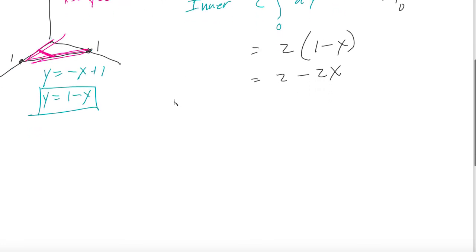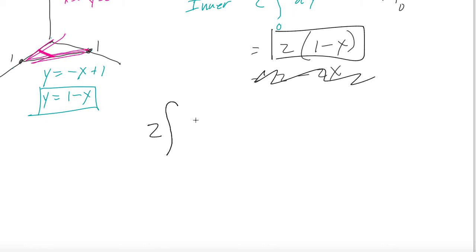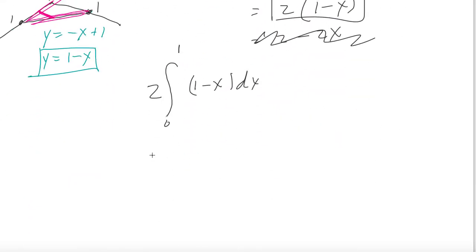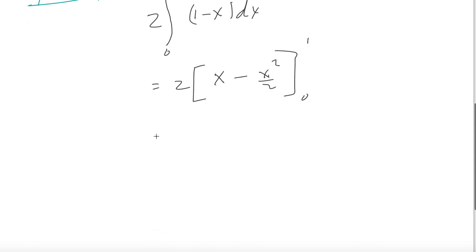All right, and that gives us the integral. Let's just pull that 2 back out. Forget about this one, we're using this one. So we just have 2 times the integral of 1 minus x dx from 0 to 1. This one gives us x minus x squared over 2, from 0 to 1.